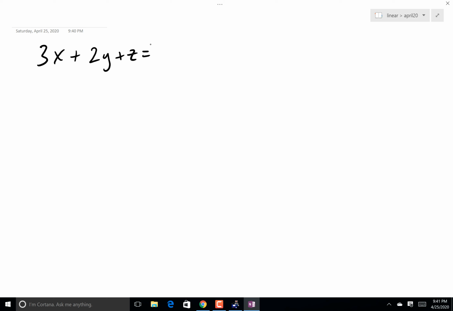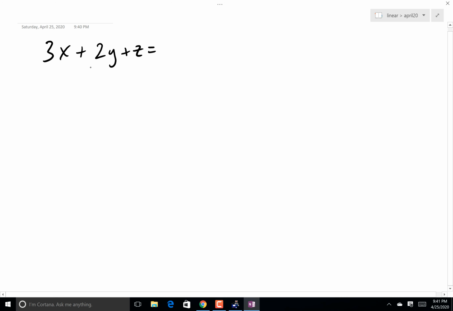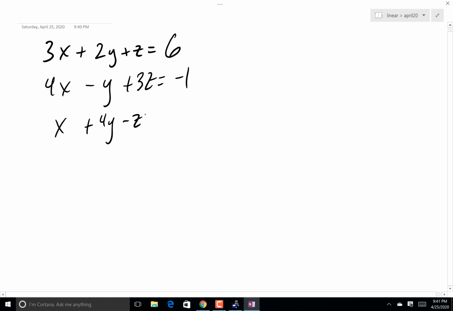Write down my answer here so I know what I'm trying to shoot for. So, let's see. If we do 3, 6, and then 4x minus y plus 3z is -1, and then x plus 4y minus z is 10.